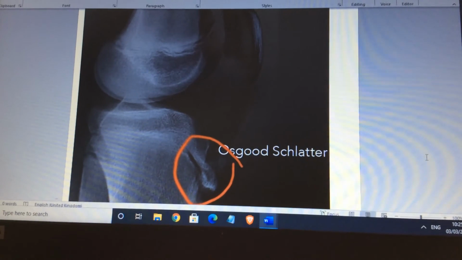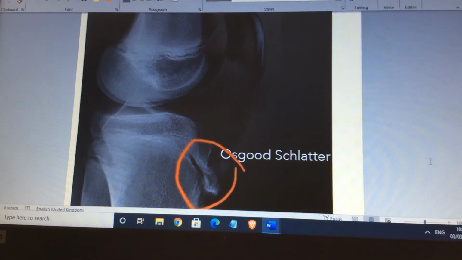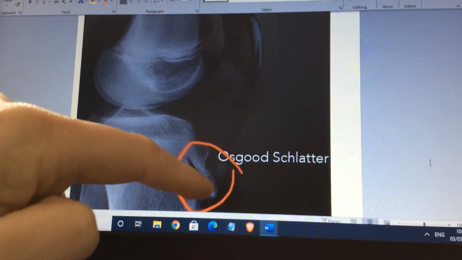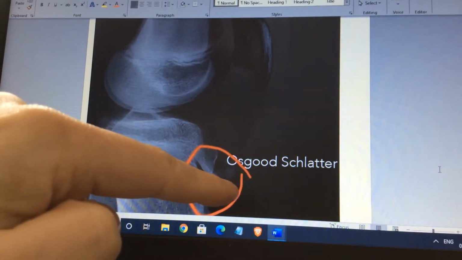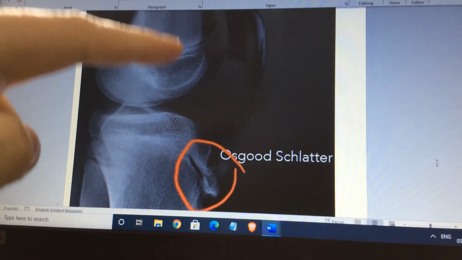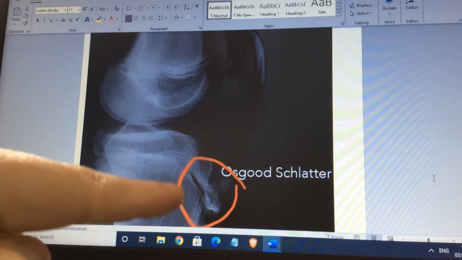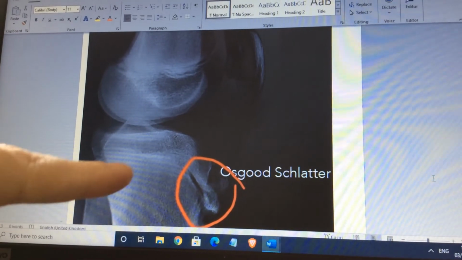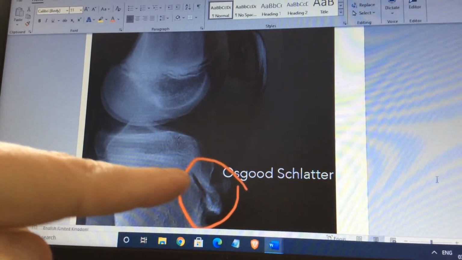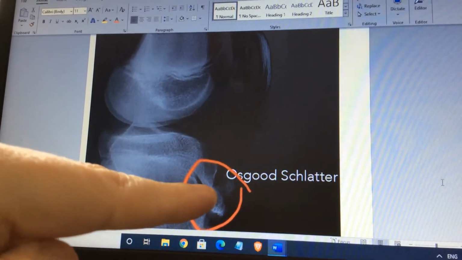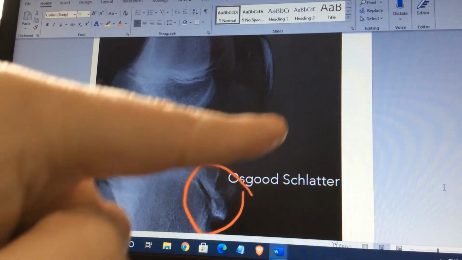And if we look at this x-ray here, we can see in this circle, so this is the front of the knee, this is the thigh bone, and then this is the shin bone or the tibia. You've got the growth plate across here, and you can see that little lump which sits just below the kneecap.